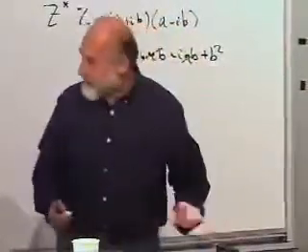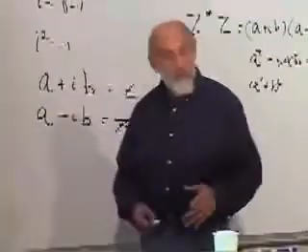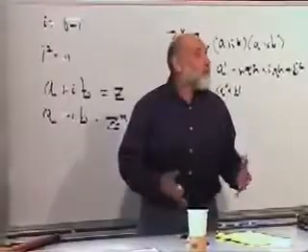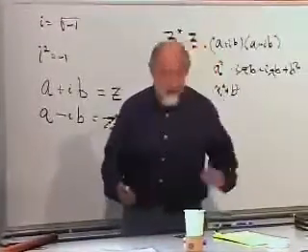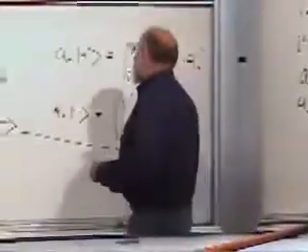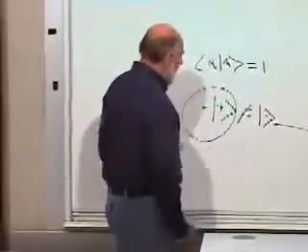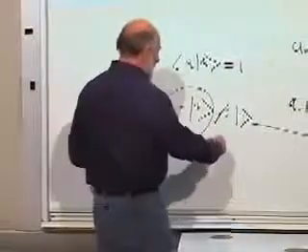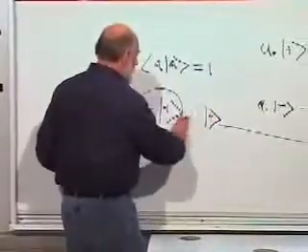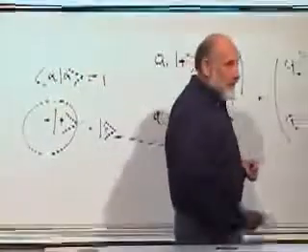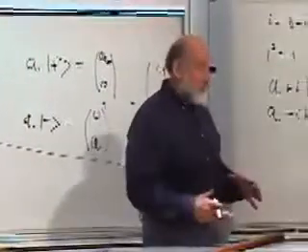I'll tell it to you right now. If I multiply it by any complex number of magnitude 1, that's correct. So physically, we would not distinguish this state from this state. I won't write equals because in the mathematical vector space they're not equal, but they represent the same physics.